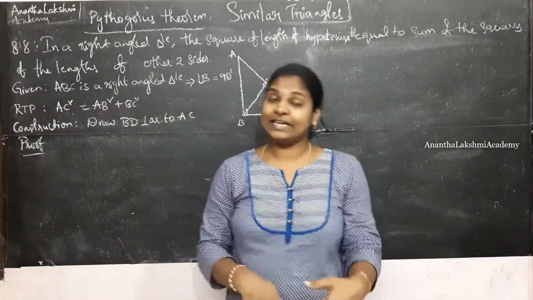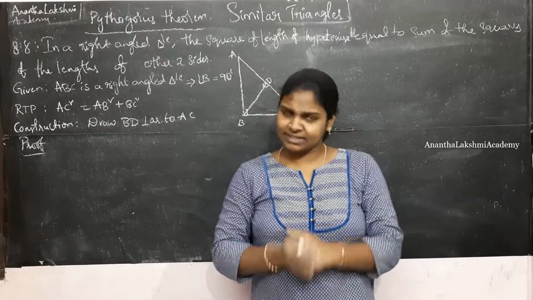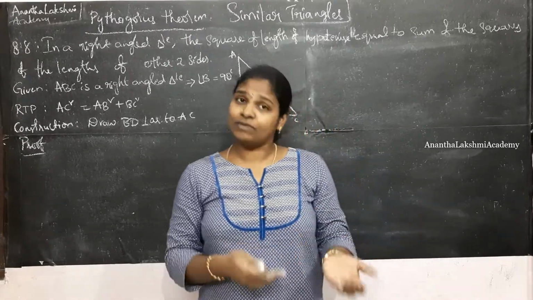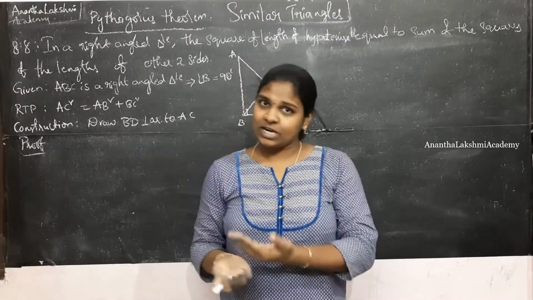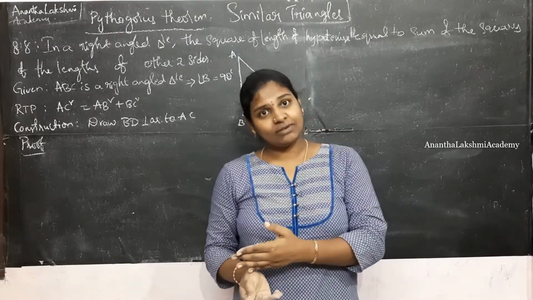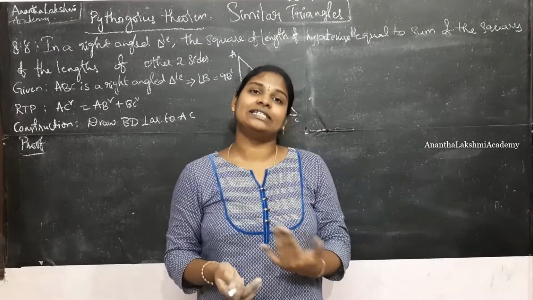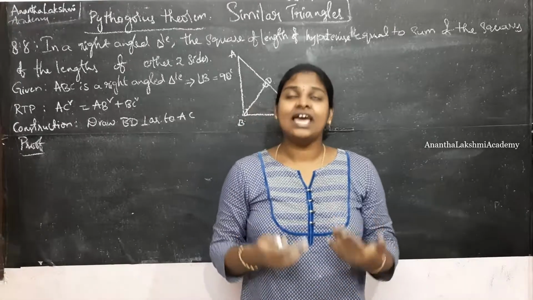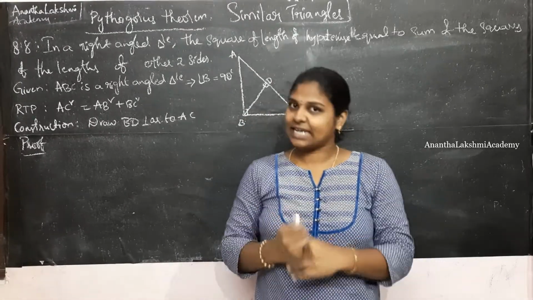Today we are going to discuss the famous Pythagoras theorem, also known as Bhaudhayan theorem, in similar triangles. Even before this video, we have covered various theorems like the basic proportionality theorem, the converse of the basic proportionality theorem, and solved exercise 8.1. Later on we solved the criteria for similar triangles like SSS, AAA, SAS, and then solved exercise 8.2.